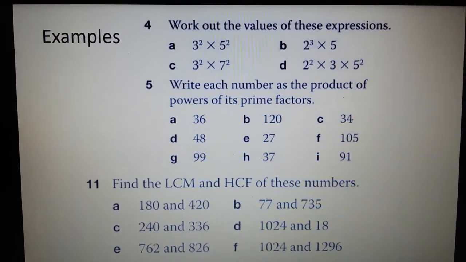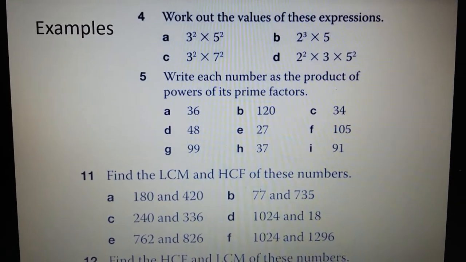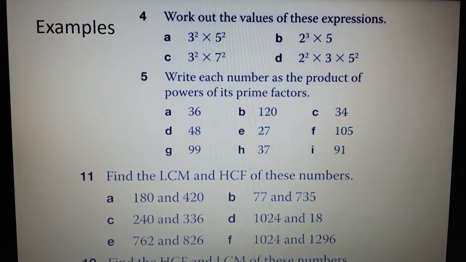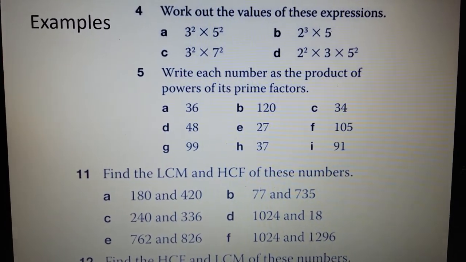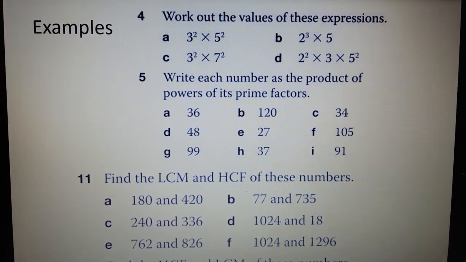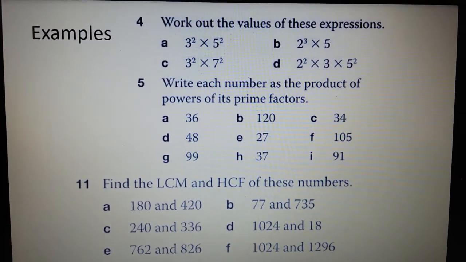Hopefully you can see these in Caboodle. I'm going to just talk through a few of the early ones because they are reasonably simple, I think. If you look at 4a, 3 squared, 3 times 3 is 9, times 5 squared, 5 times 5 is 25. So 9 times 25 is 225.